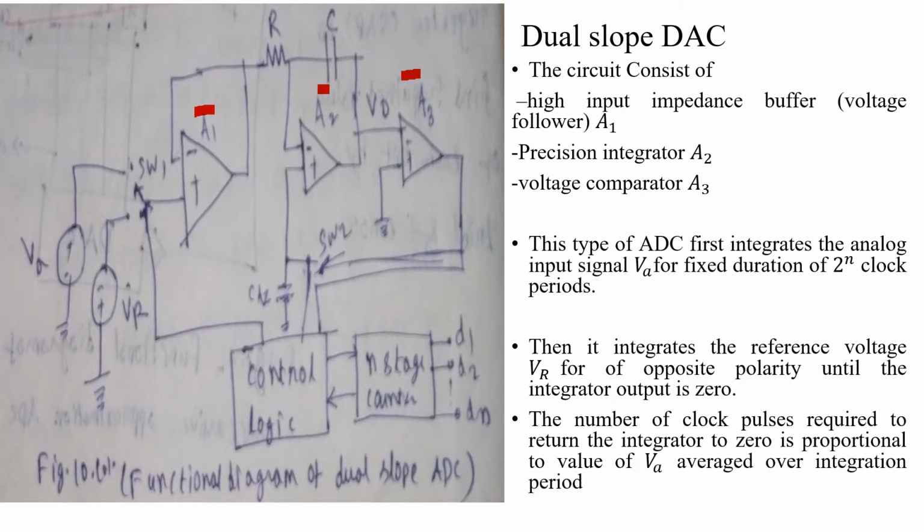Then it integrates the reference voltage VR of opposite polarity until the integrator output reaches 0. First it integrates the analog signal VA, next it integrates the reference voltage VR, up to which it reaches 0. The number of clock pulses required to return the integrator to 0 is proportional to the value of VA averaged over the integration period.